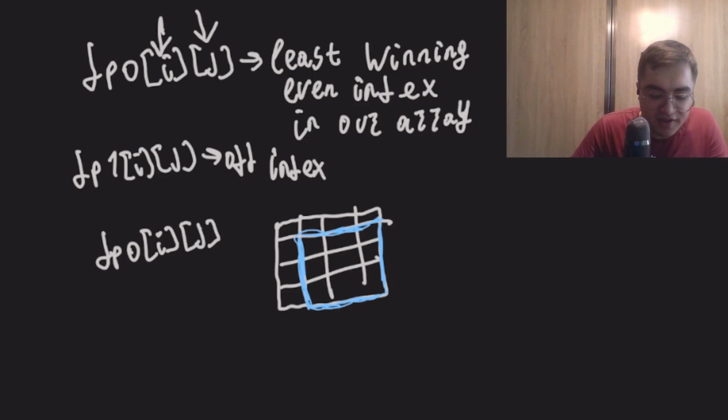One thing you can understand here is that I'm going to tell you how to update both dp0 ij and dp1 ij, but you obviously don't need to update both. If at cell ij you have a number that appears at an even index in your array, then you need to update dp0, because each number appears once in the array.